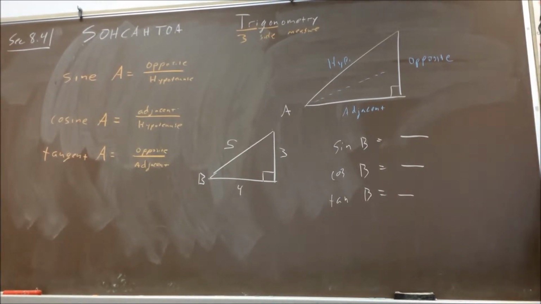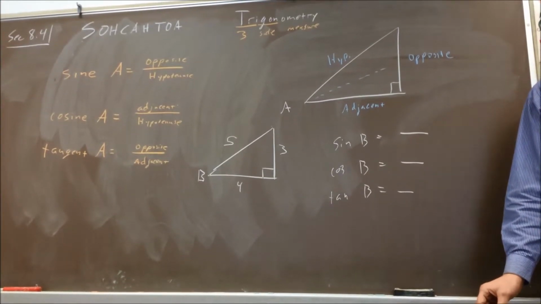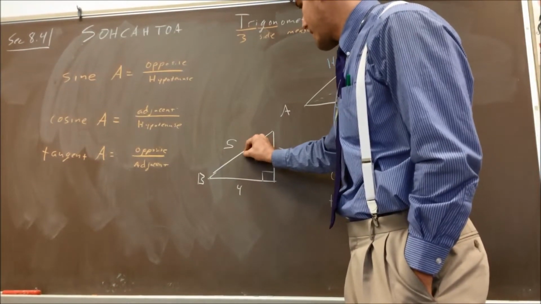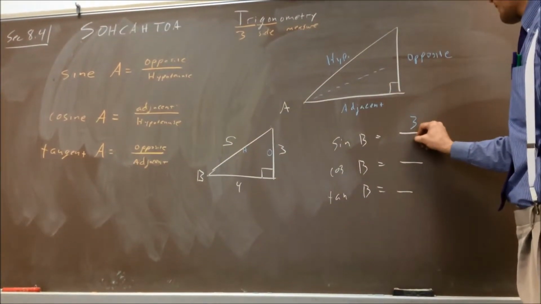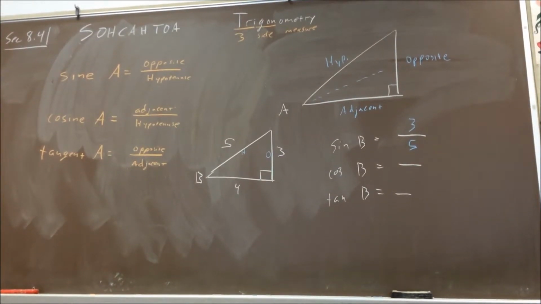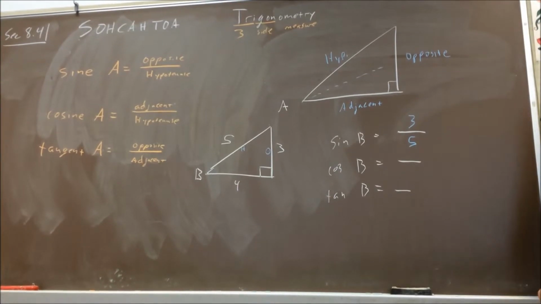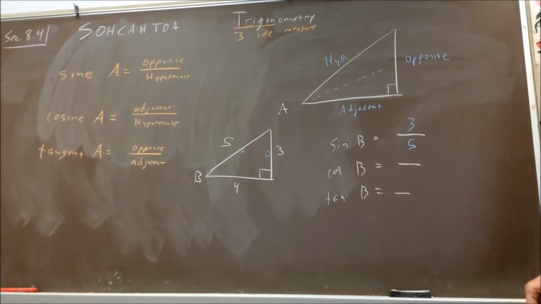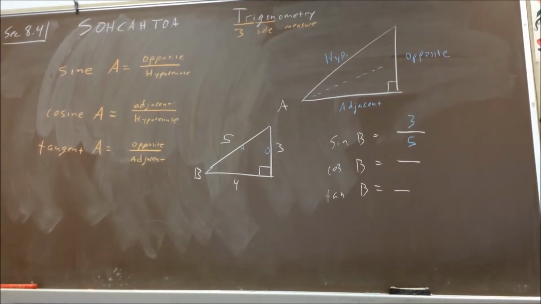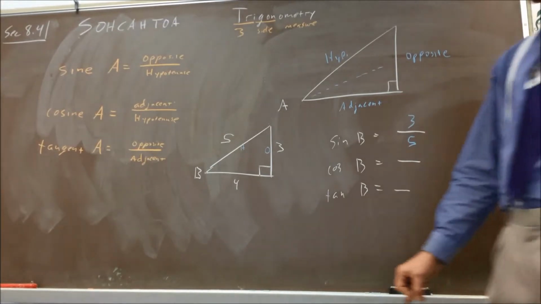Mr. Lucas, what is the sine of angle B? 3 over 5. You are correct, sir. This is the opposite side. That's the hypotenuse. So 3 over 5. What's the cosine of angle B? Mr. Lewis. 4 over 5.